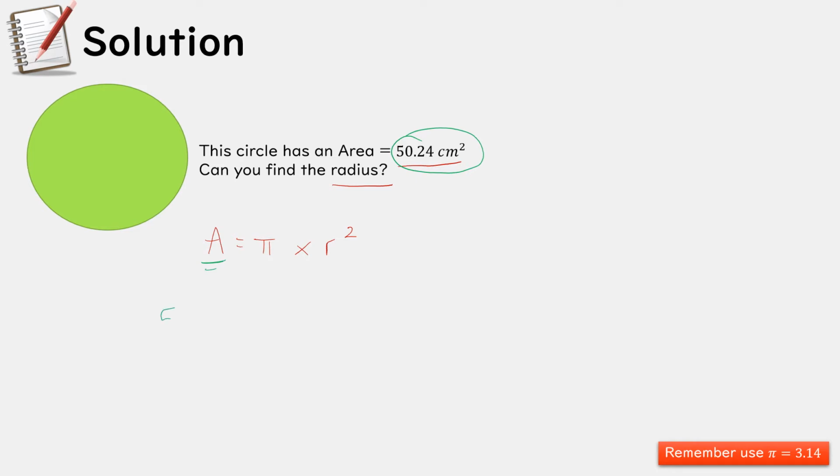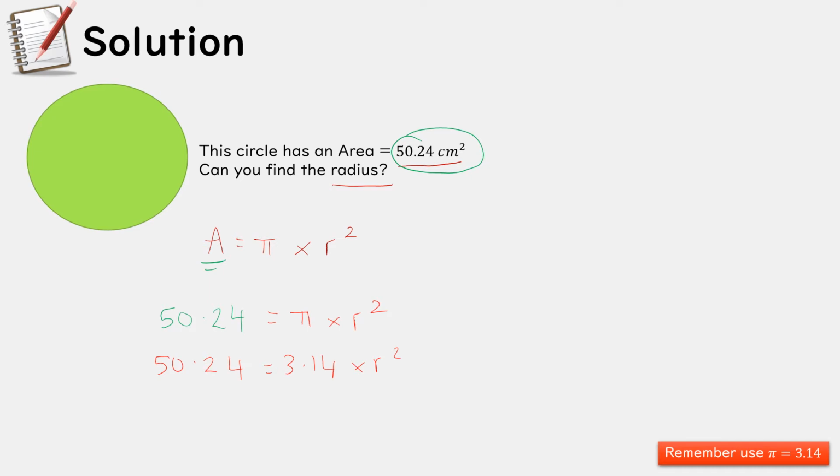So I know 50.24, it's got to be what pi times the radius squared was. Okay, well I actually know that pi is 3.14. Okay, so we know that 50.24 has got to be equal to the pi part times radius squared.